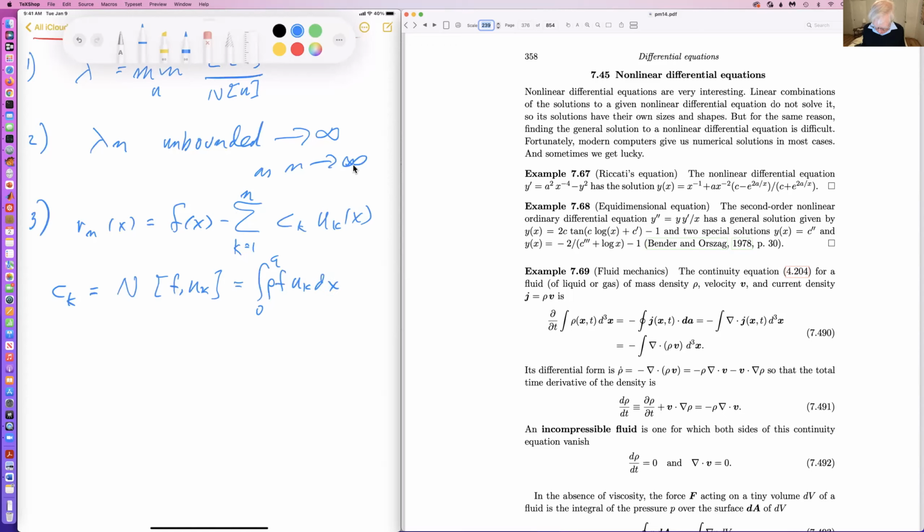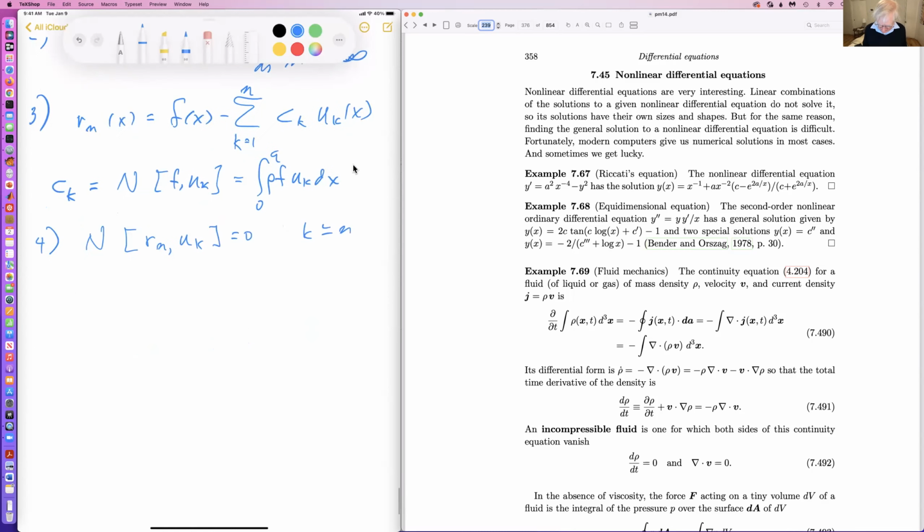That gives us the coefficient. The fourth topic was then that the norm of Rn on uk is going to be 0 for k less than or equal to n. And the reason is that we've already included those uk in the approximation for f.